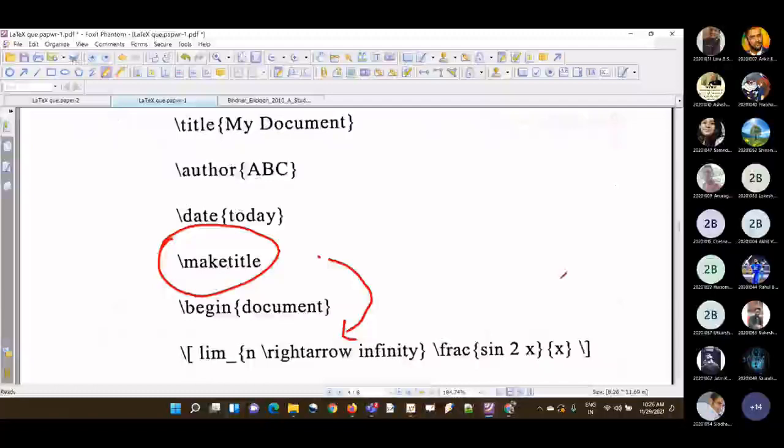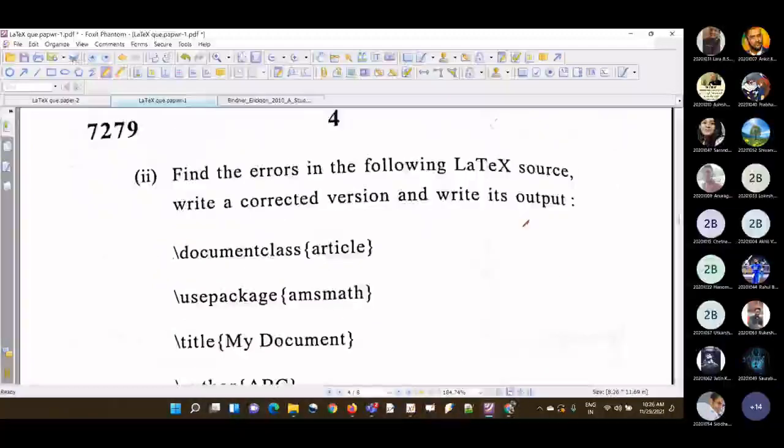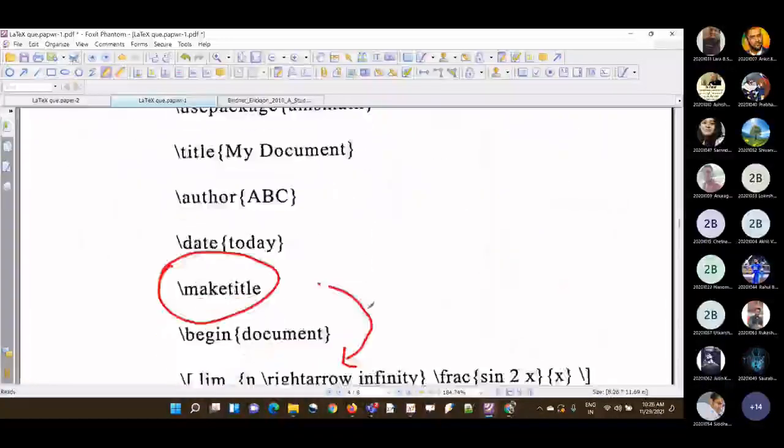And then they are also asking for the corrected version of the output. So you have to write two times. Once you write this and mark the error, and then you write these 9 lines in another place in the same way, correcting the answer. In the correct version you have to write make title here after begin document.